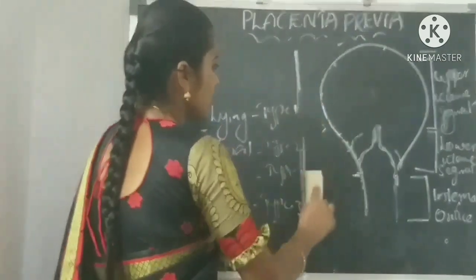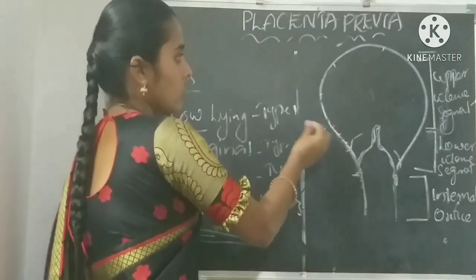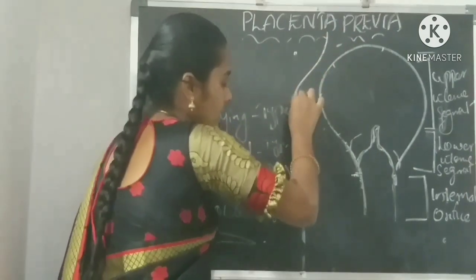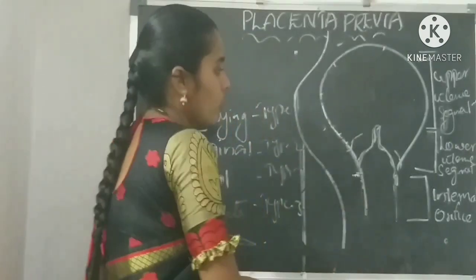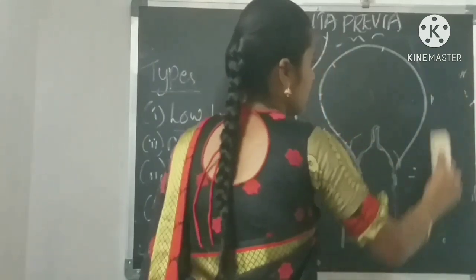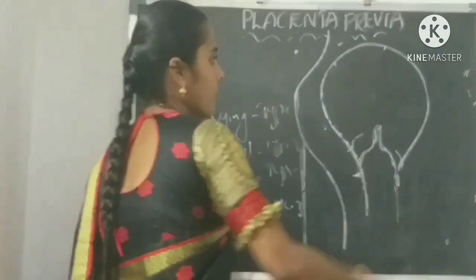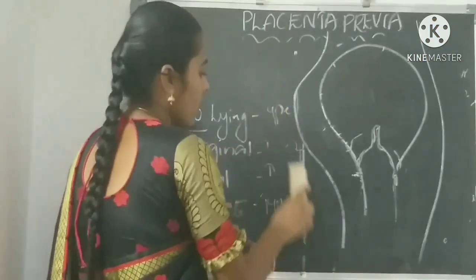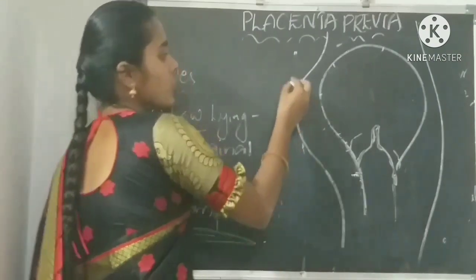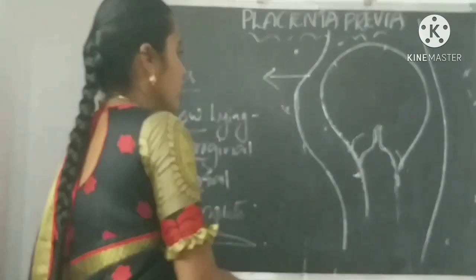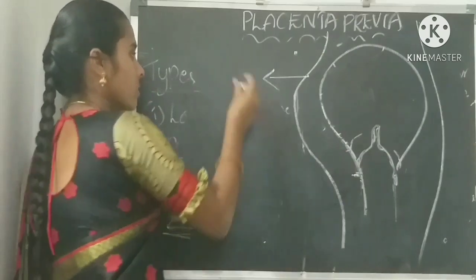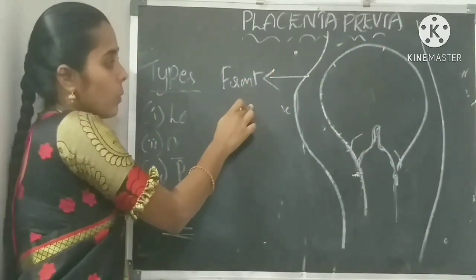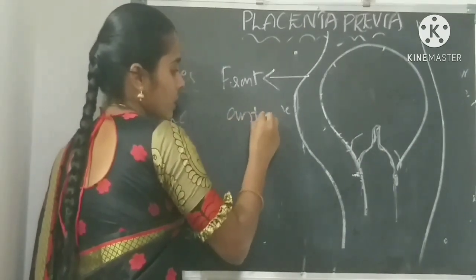I already said this is a uterus. Consider here the woman is standing. And this is the front portion of the uterus. This is the front portion of the woman, and this is the anterior position.